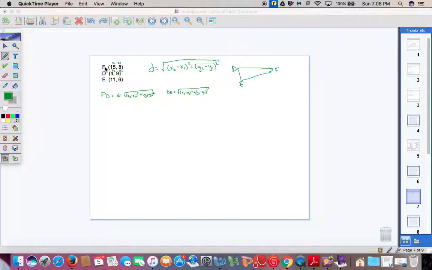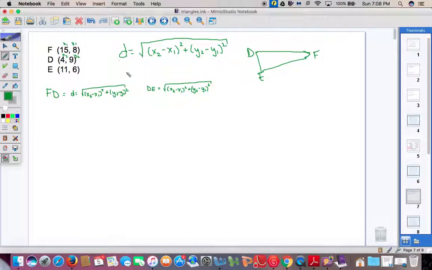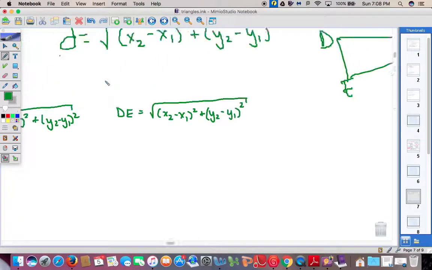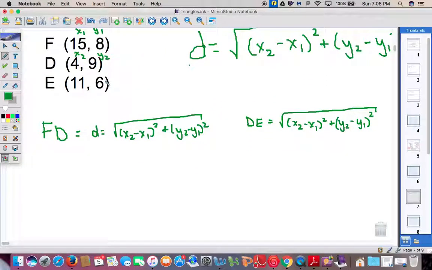So if we first look between F and D, I'm going to let F be my x1, y1, and D be my x2, y2, and I'm just going to substitute my values in and determine what that distance is.